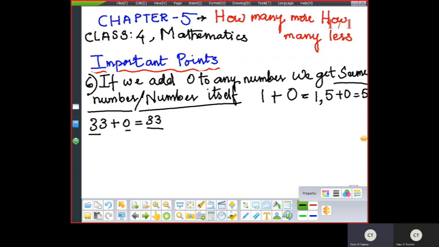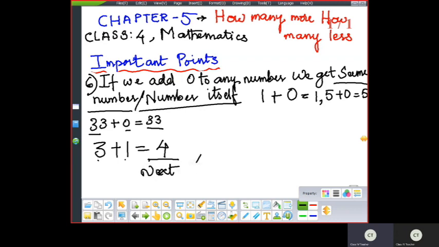What was our previous one, children? If we add 1 to any number. So let me take that example, children. I have taken the number as 3 plus 1 will give me what? 3 plus 1 is 4. What am I getting here? Next number or the after number.